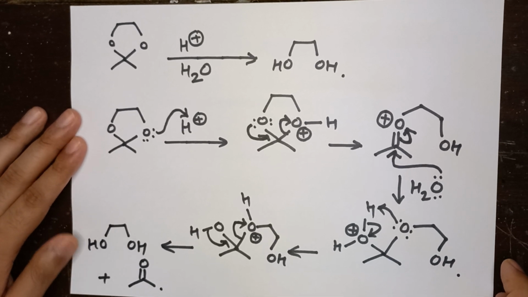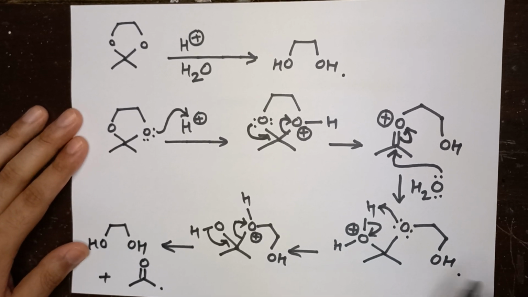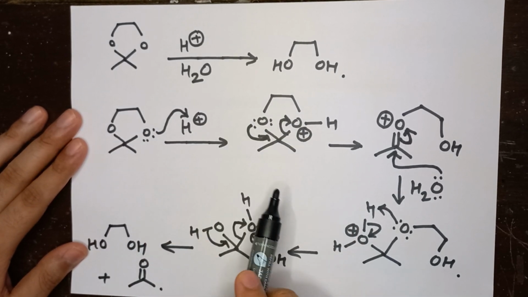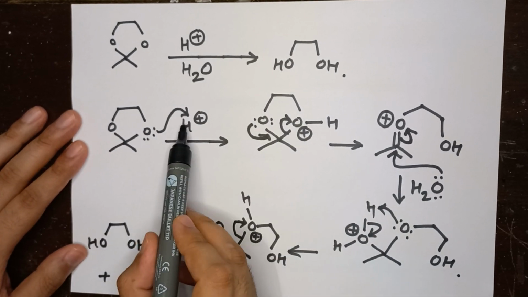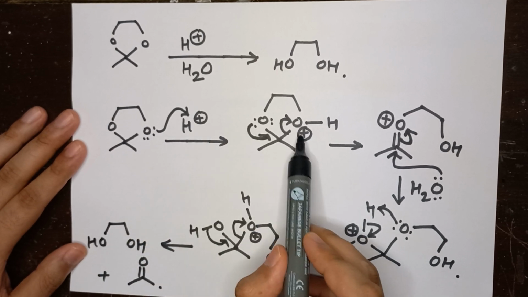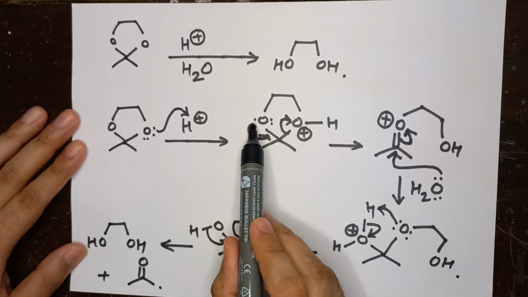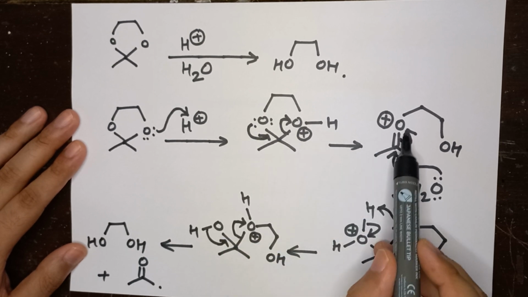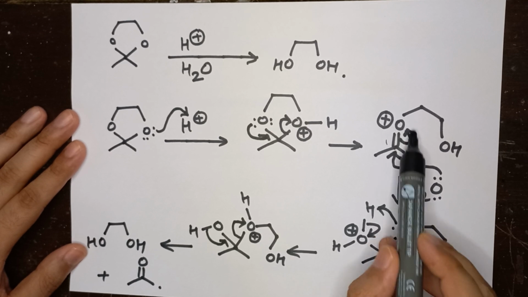So this is the mechanism for deprotection of your acetal ketal into diol under acidic media. So just to recall, this oxygen lone pair will grab this proton, will convert into positive form. Then the next oxygen will form a double bond here, will cleave this bond. So now we have generated this carbonyl type of moiety.